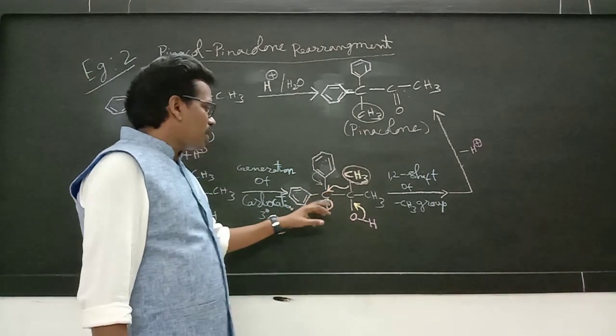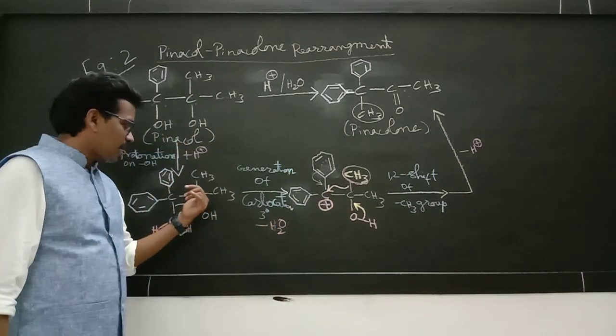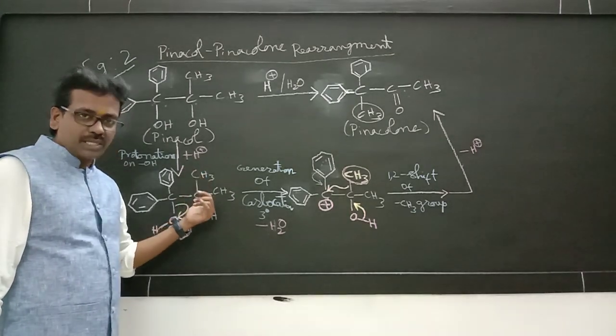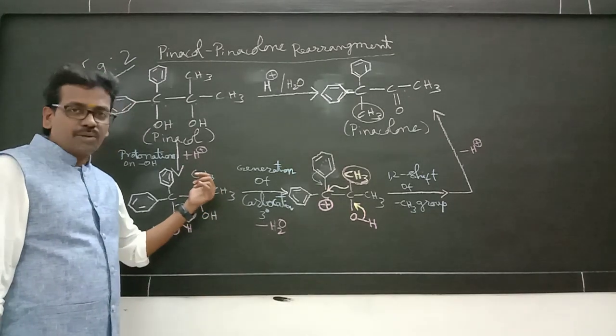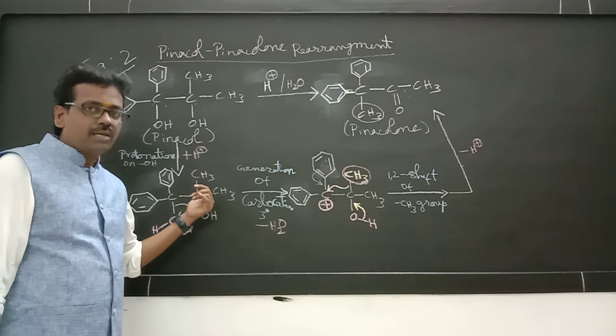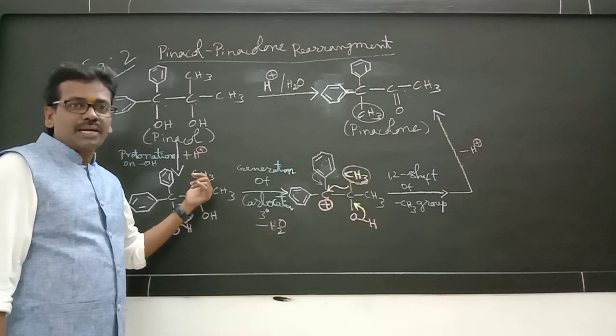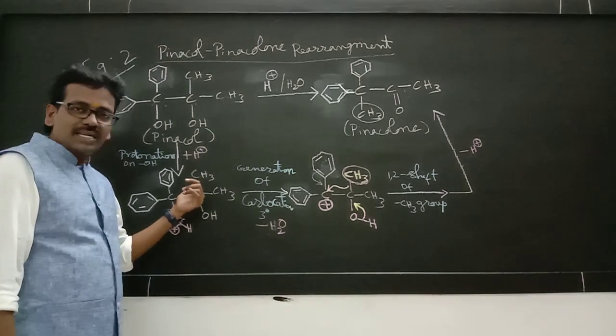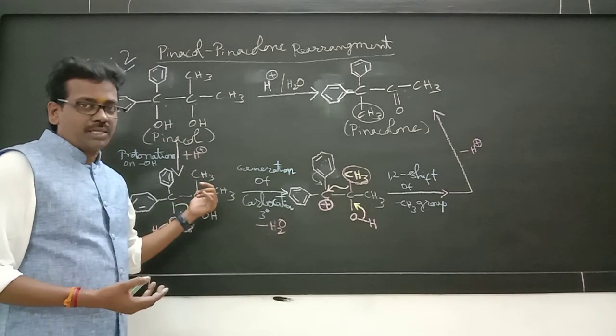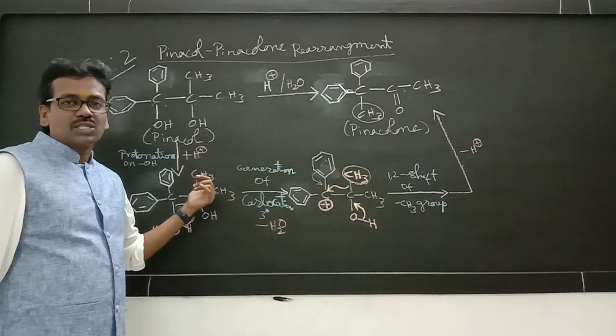If the same carbocation is formed on the second carbon, that is substituted with the two methyl groups, it is not possible to stabilize the carbocation by resonance by the methyl group. It can only induce the inductive effect, not the resonance impact.